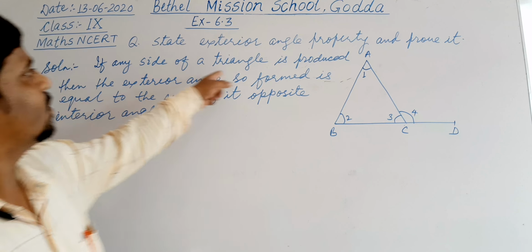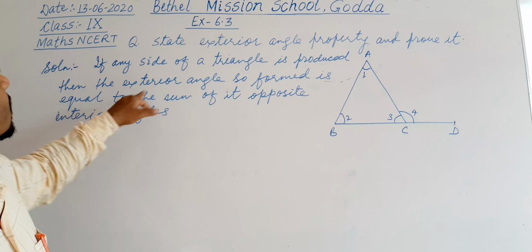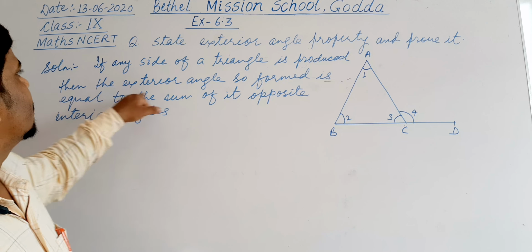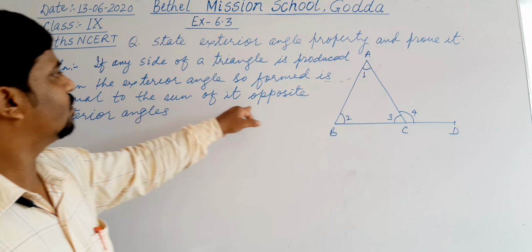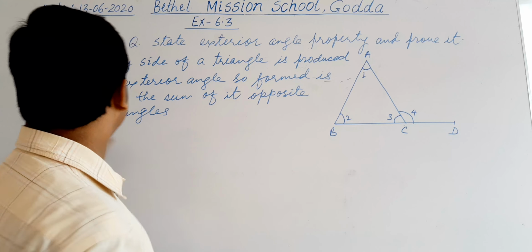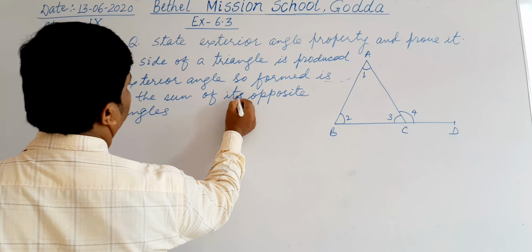If any side of a triangle is produced, then the exterior angle so formed is equal to the sum of its opposite interior angles.